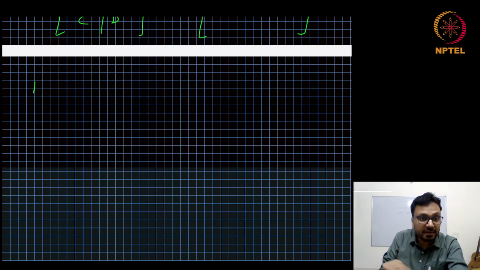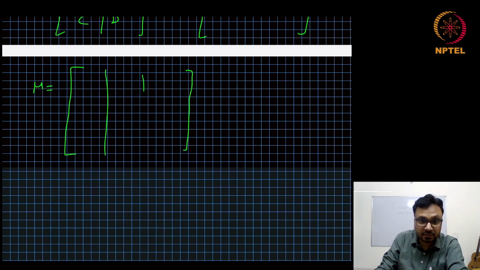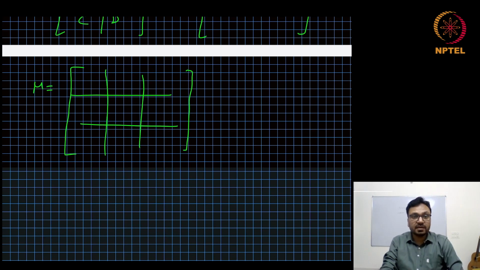If M is a bigger matrix, let us say 9 by 9, we divide it into 9 blocks, so every block is a 3 by 3. And let us say we have A11 block, A12 block, A13 block, A21, A22, A23, A31, A32, A33.